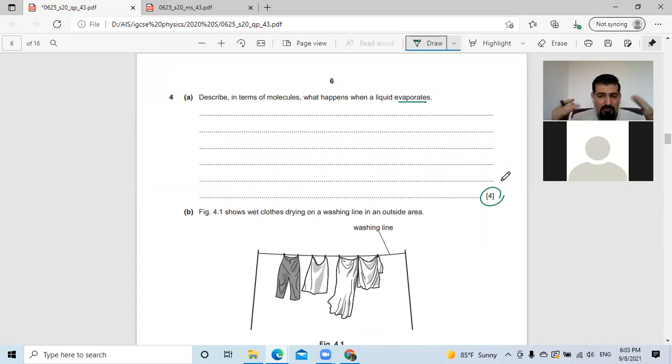When liquid evaporates, it becomes lower. What happened to the temperature? The molecules have high energy, low energy. Tell me. Describe in terms of molecules what happens when a liquid evaporates. It goes into gas. Temperature becomes 0?